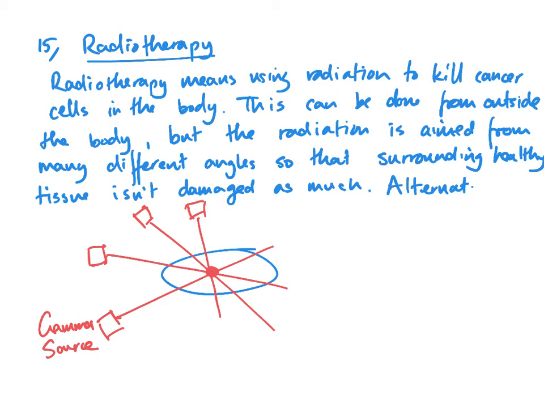And they're more likely to be alpha sources, possibly beta sources, so that you want a short range effect there, i.e. if you stick a source in the middle of the tumour, you only want it being absorbed by the tumour and not by the surrounding healthy tissue.